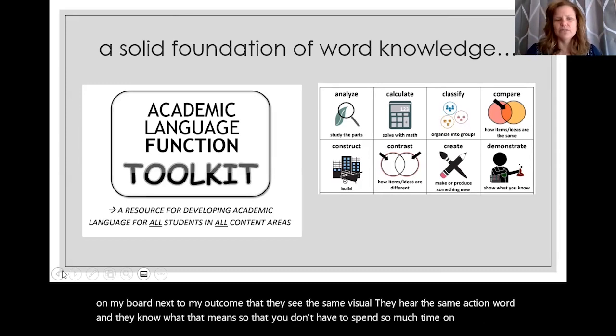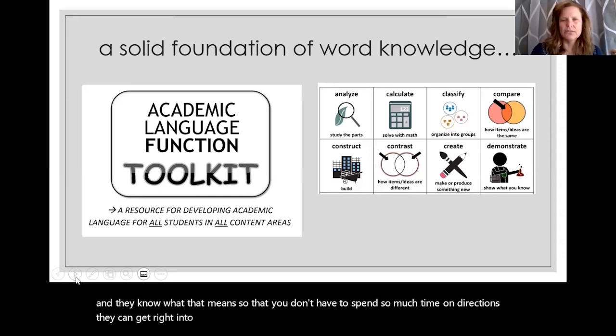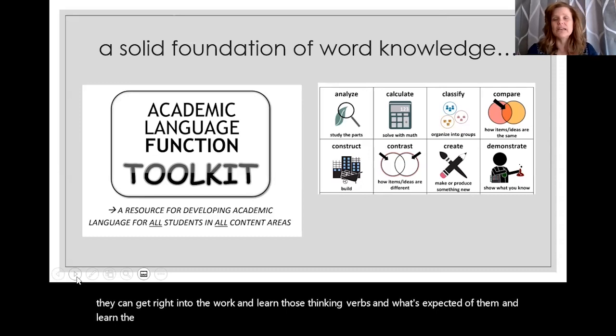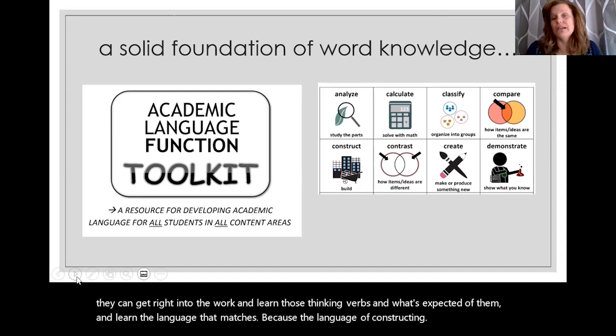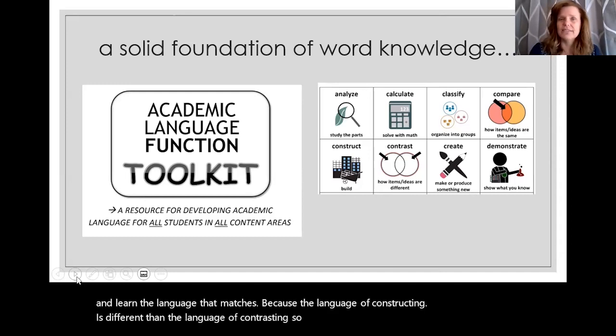They can get right into the work and learn those thinking verbs and what's expected of them, and learn the language that matches, because the language of constructing is different than the language of contrasting. So we have to work on that and point that out.